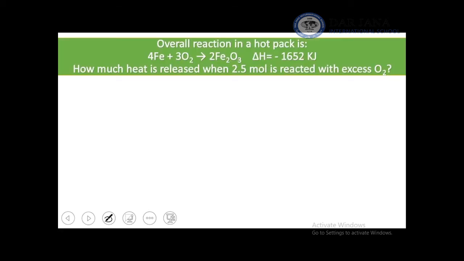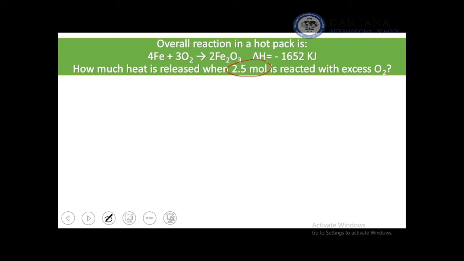Now, any thermochemical equation also follows the stoichiometric ratios. So here, the overall reaction in a hot pack is 4Fe plus 3O2 gives 2Fe2O3. Delta H is negative 1652 kilojoules. They are asking how much heat is released when 2.5 moles of Fe react with excess oxygen.